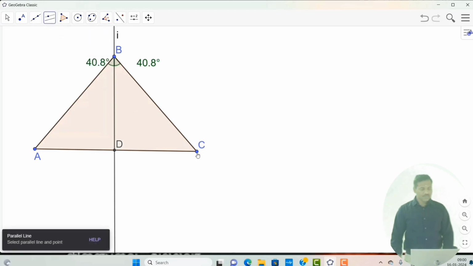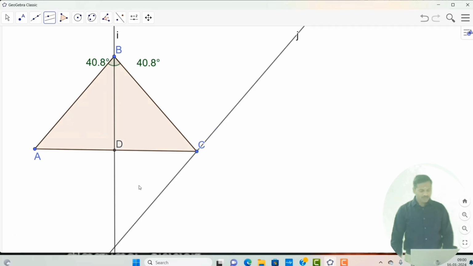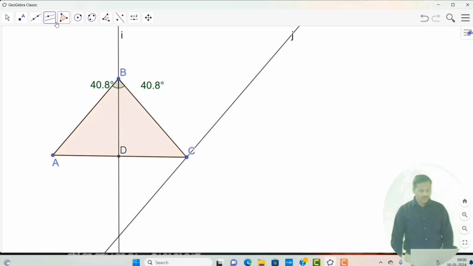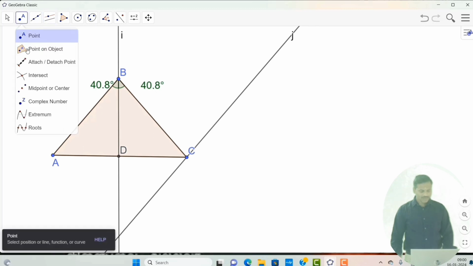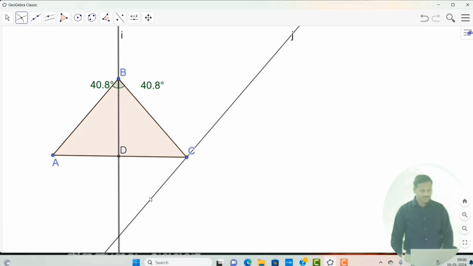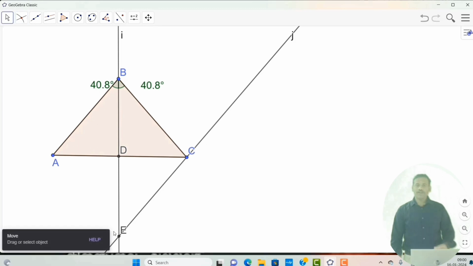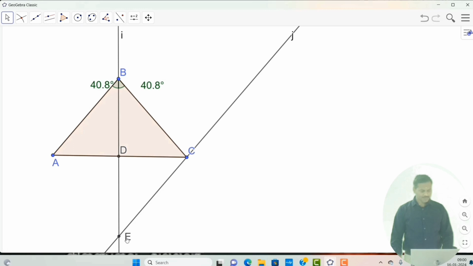So I am going to take a parallel line from C which is parallel to AB, and this point is E. Children, the angle of ABD is 40.8 degrees. Now let us check the angle of DEC. What about this angle? Let us check that.